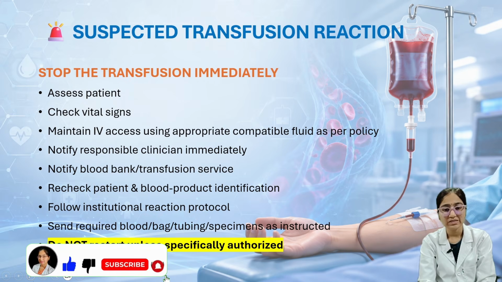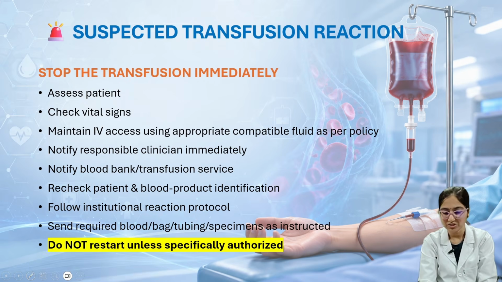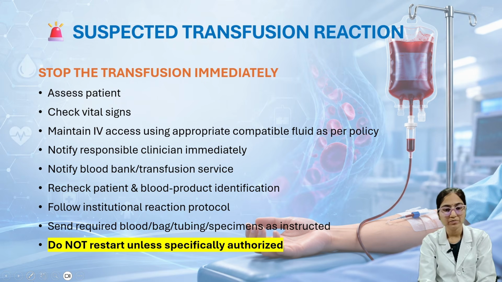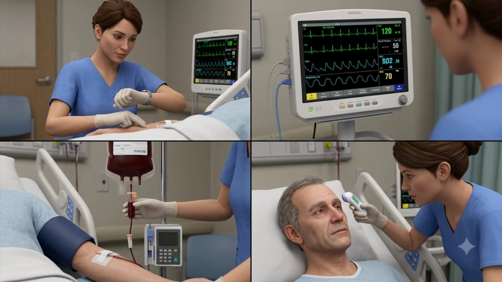Next, suspected transfusion reaction. Stop the transfusion immediately if you suspect any reaction. After stopping transfusion, immediately assess the patient. Immediately check vital signs. After that, maintain IV access using appropriate compatible fluid as per policy.